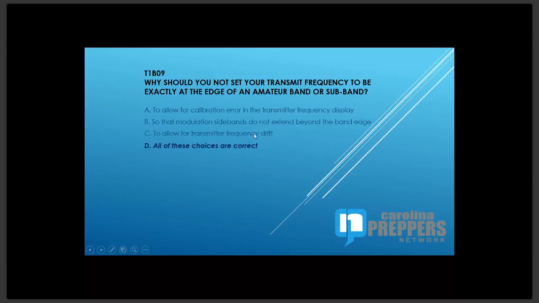And again, the transmitter frequency can drift. It can often drift in times of extreme temperature. If a radio's been operating for hours and hours and it is just hot, I mean, it is burning up, it can cause the components inside to shift.